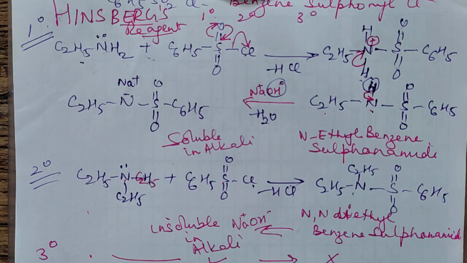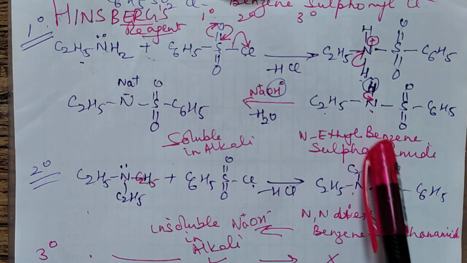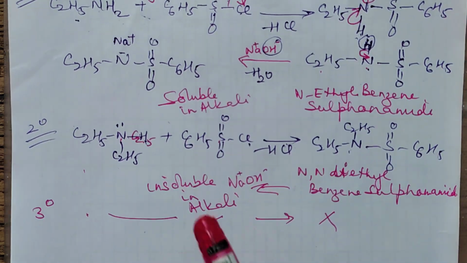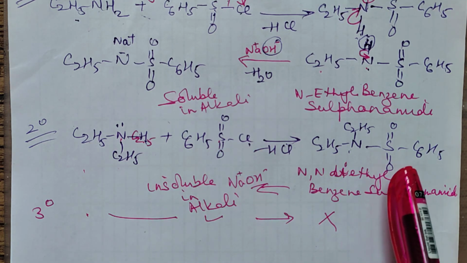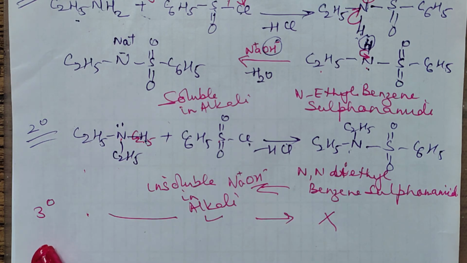You will write, if you are reacting with 1 degree, you get the product N-ethyl benzene sulfonamide, which is soluble in alkali. If you are using 2 degree, you will get N,N-diethyl benzene sulfonamide, insoluble in alkali. If you are using 3-degree amine reacting with Hinsberg's reagent, there will be no reaction at all.